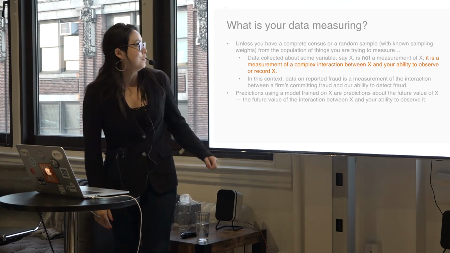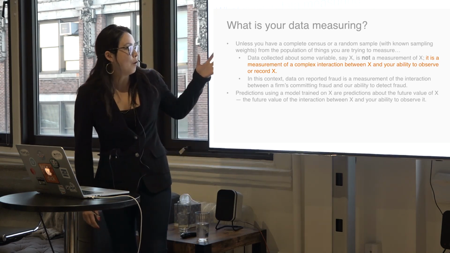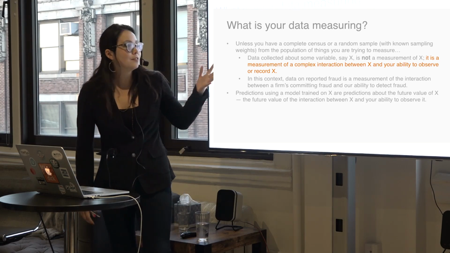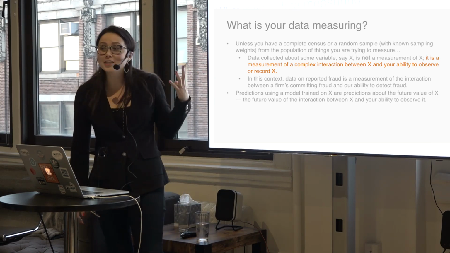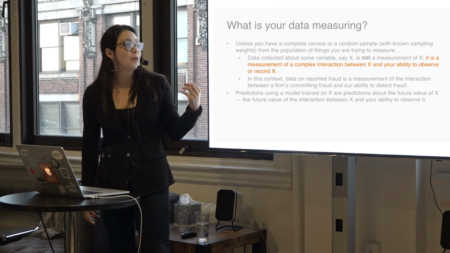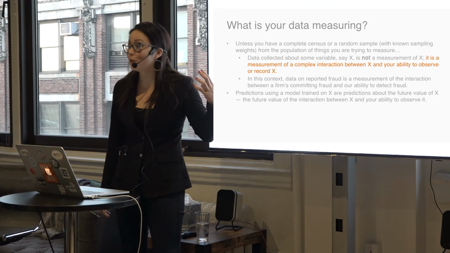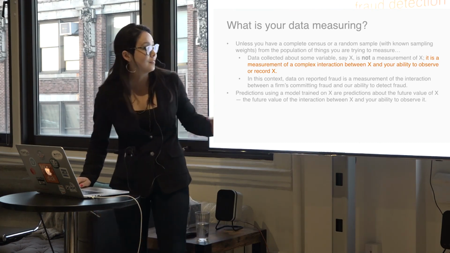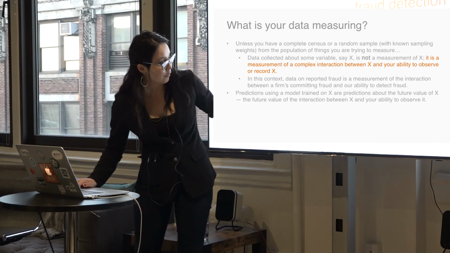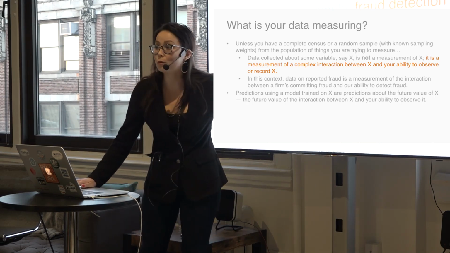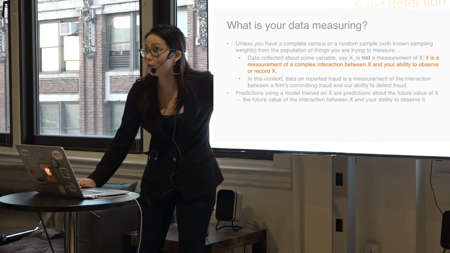When you collect data about something, say X, without having either of those things true, the data you have is not actually a measurement of X. It's a measurement of some complex interaction between X and your ability to observe X, right? So in this case, this first model, we're talking about some complex interaction between fraudiness and our ability to observe the companies, right?